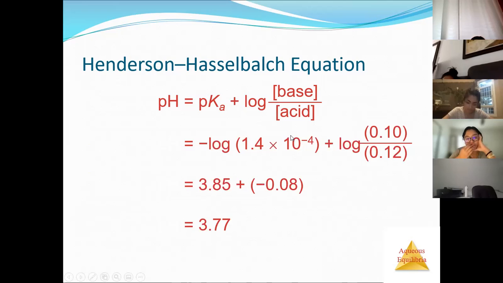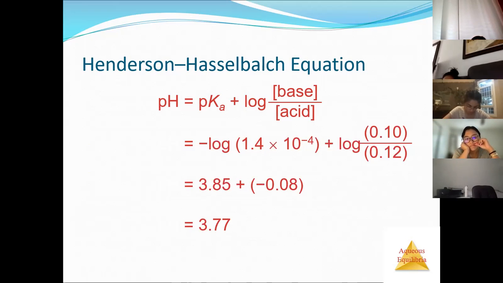This is my Ka. I need to take the negative log of my Ka to get my pKa. So that's where the 3.85 hooks in. I take 0.10 divided by 0.12. That value is 0.833.